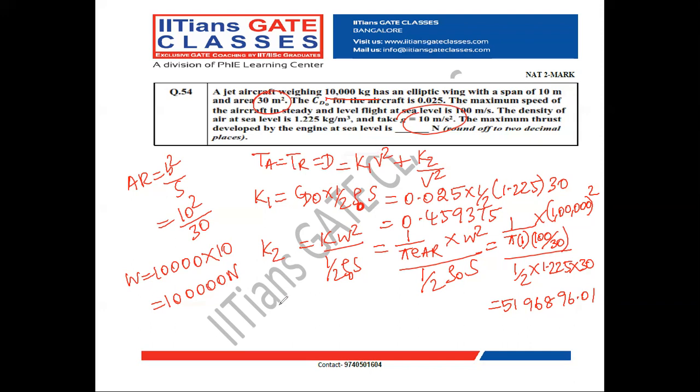Thrust available equals K1, which is 0.459375, times velocity square, that is 100 square, plus K2, which is 51968,961.01, divided by 100 square, because velocity square is the maximum velocity square.